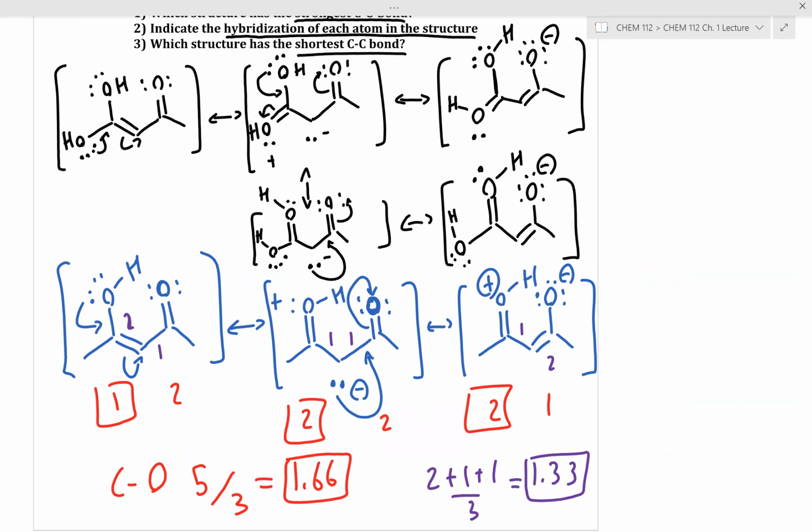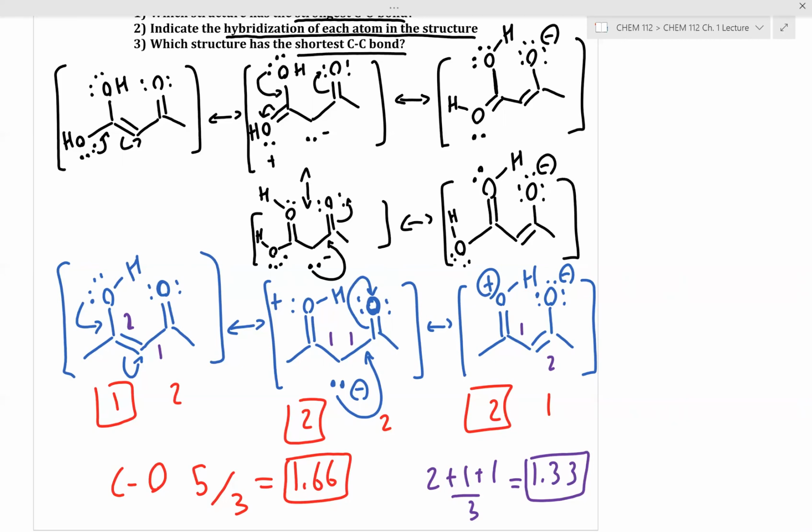Just as a general rule of thumb, what happens when we add additional atoms into conjugation? We're increasing the delocalization. And what happens to our electron density? Is it now spread out over multiple atoms? Just like in our carbonate example, we added another oxygen, our bond order weakened because we're distributing that electron density over more atoms.